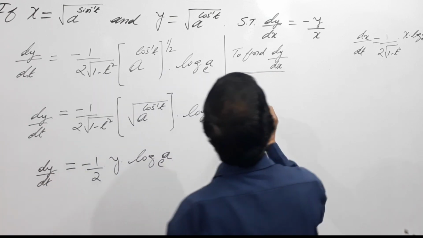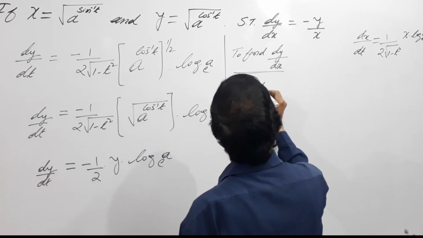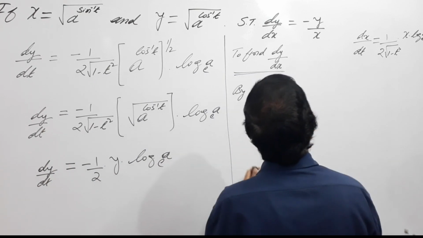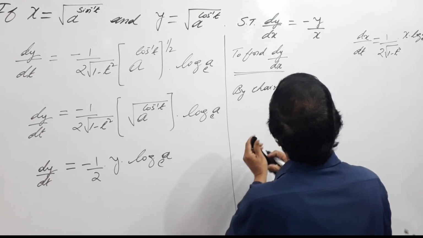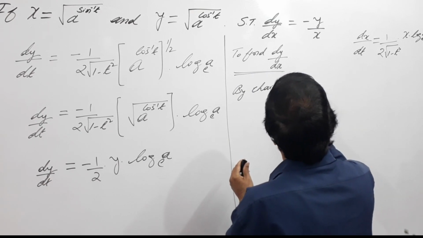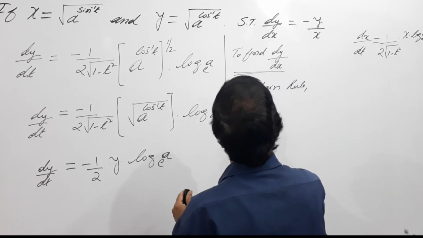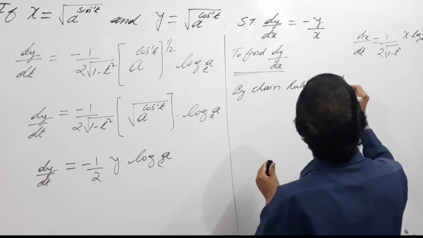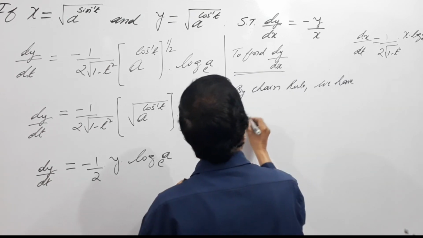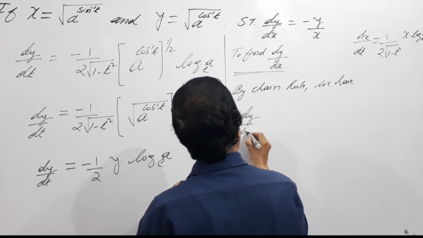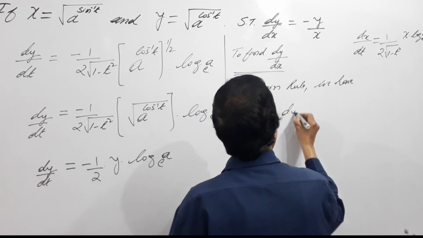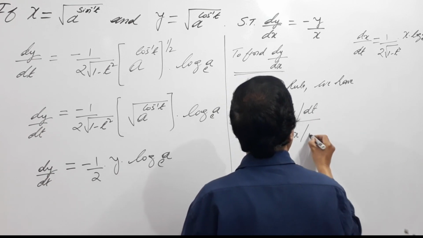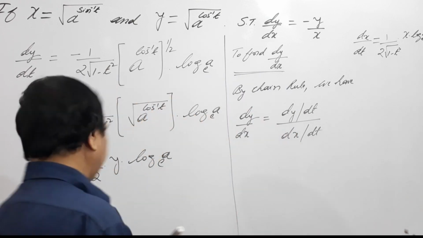So by chain rule we have dy by dx equals dy by dt divided by dx by dt.